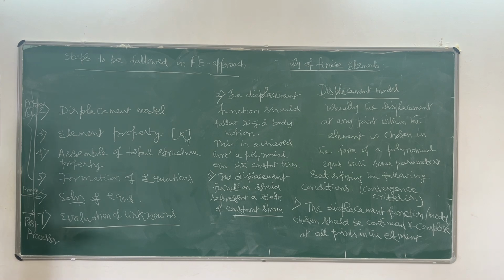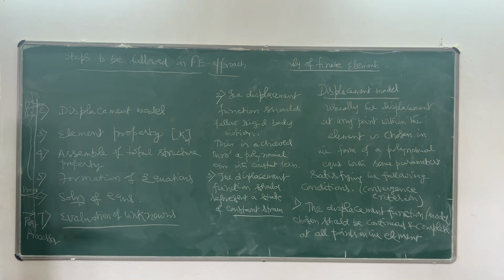That is why you should have a lower order term in your polynomial, x or y. In the planar structure, the variable will be x or y. If you differentiate with respect to x or y, it should not become 0. First derivative, that's the first change in the displacement, if at all it has to happen.